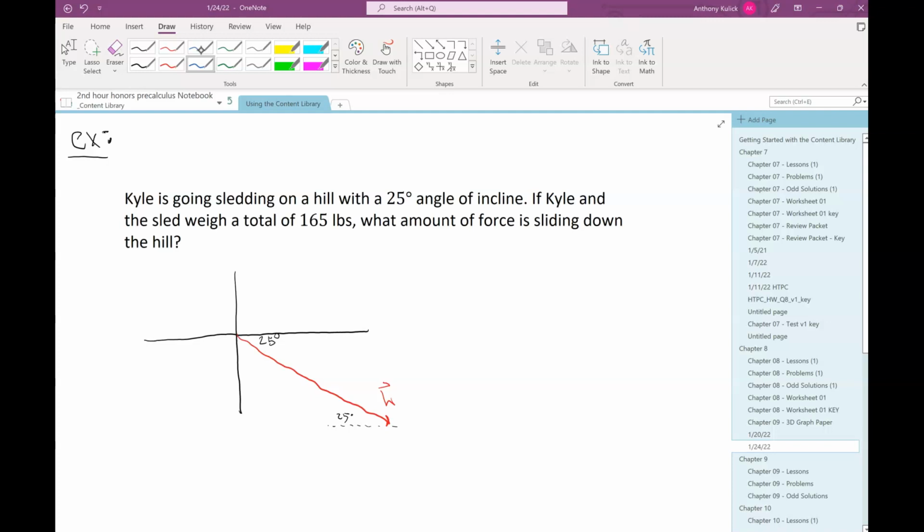Our other vector is the weight of Kyle and the sled. What kind of force is a person generating if they're just standing straight? Gravity. And which way is gravity pulling? Down.